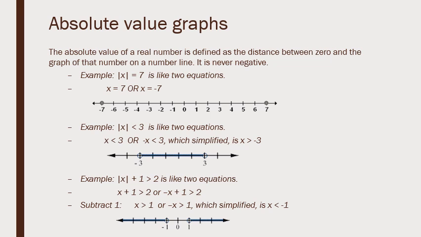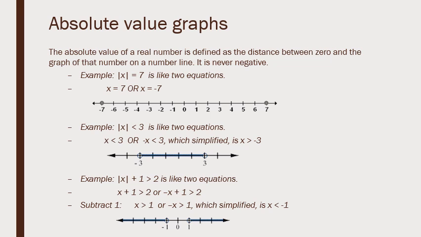Now if we simplified that second one, because we don't want to have a negative x, we would multiply both sides by -1 to get x greater than -3, but because we multiplied by a negative number, we have to reverse the inequality sign. So here I'm going to represent all the numbers that are less than 3, but are also greater than -3, and so the graph would exist between the two points -3 and 3, instead of the two individual points when I had an equation.